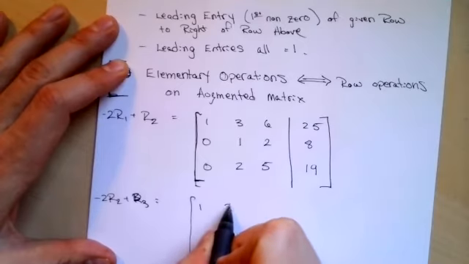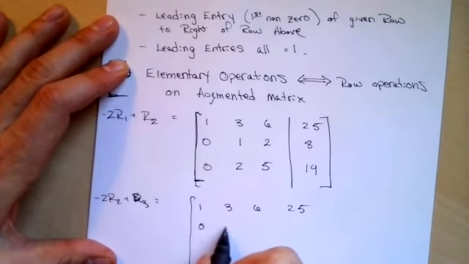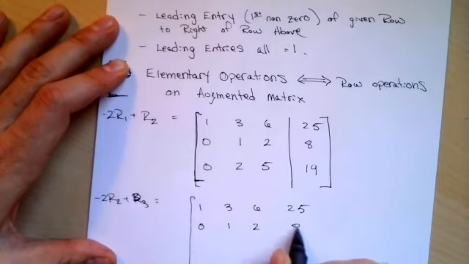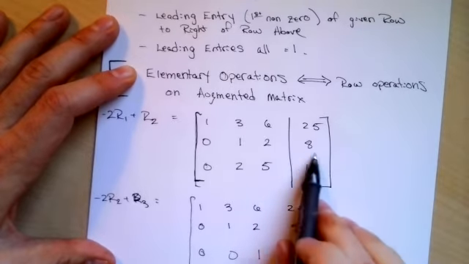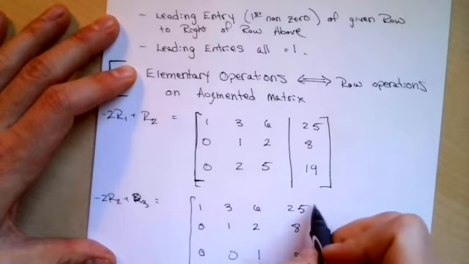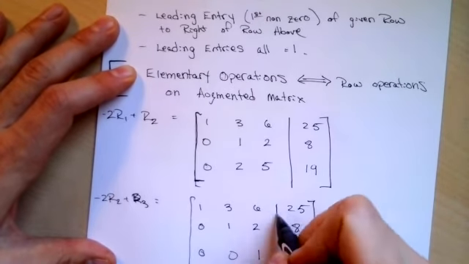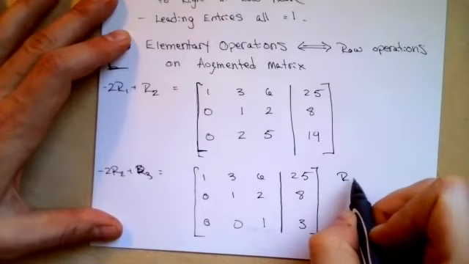And so we're going to have 1, 3, 6, 25, 0, 1, 2, 8, and then 0, 0, 1, and then we had minus 2 plus that guy gave us 3. And so this is our row echelon form.